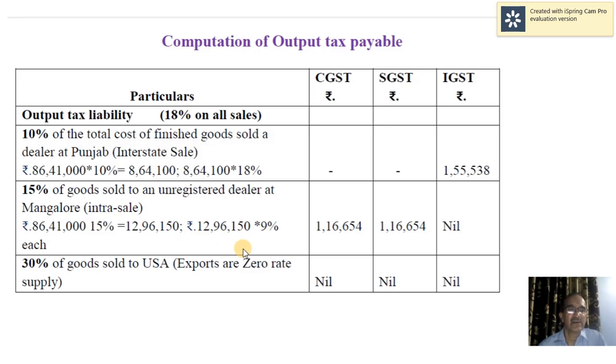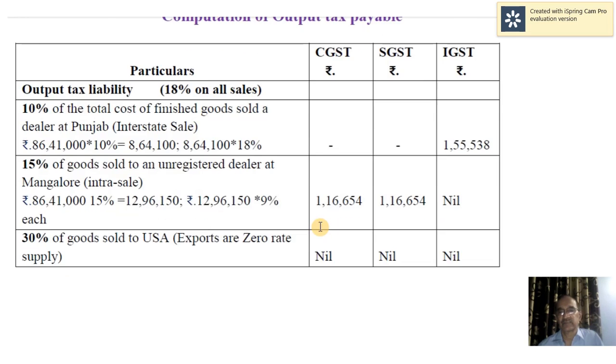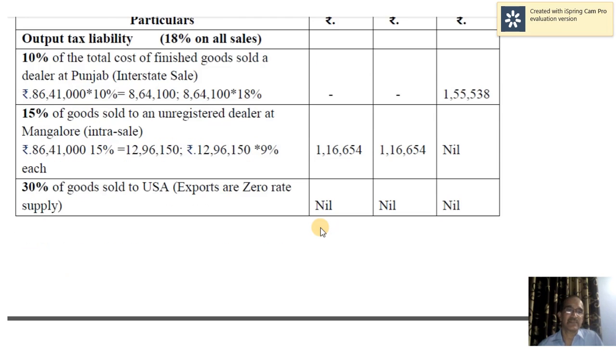On that, if you apply 9%, here actually 18%, but since it is the intrastate transaction, 18% must be divided into 9% each. That is CGST 9%, SGST 9%. So the amount you get in each case is 1,16,654 and 1,16,654, and that is no IGST.